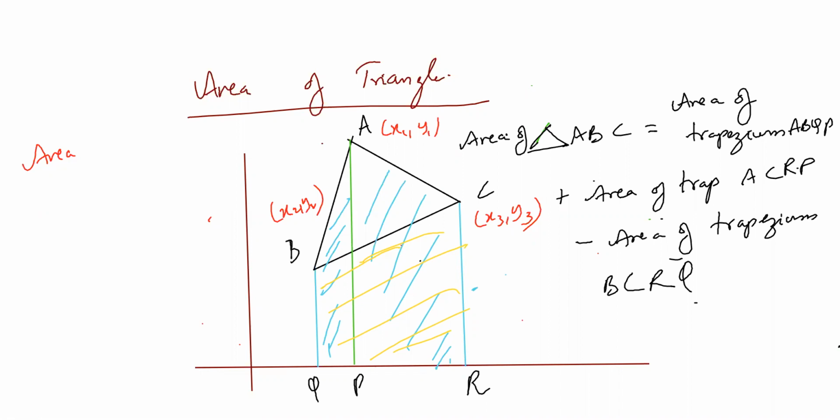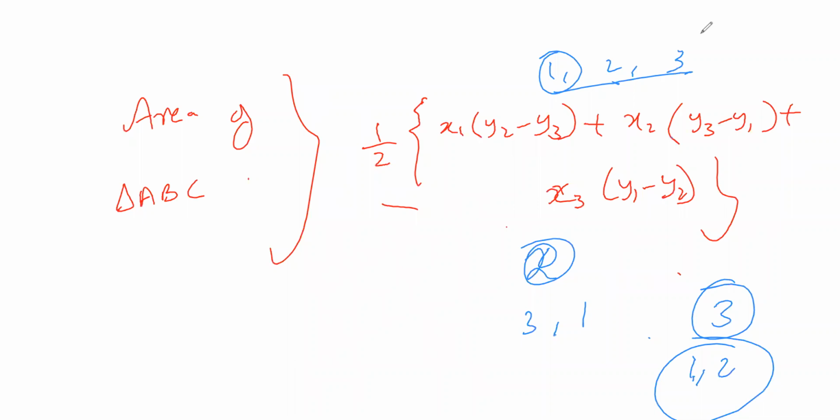So you can take a snapshot of the same and then I can go to the next page. The importance of this is doing problems. See, this is the formula which we are going to use.